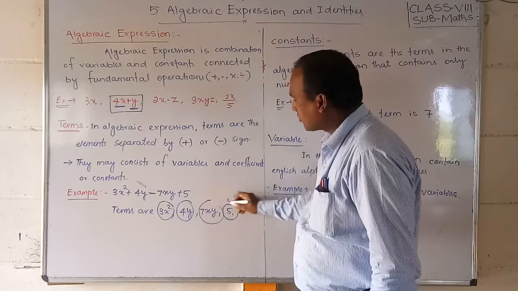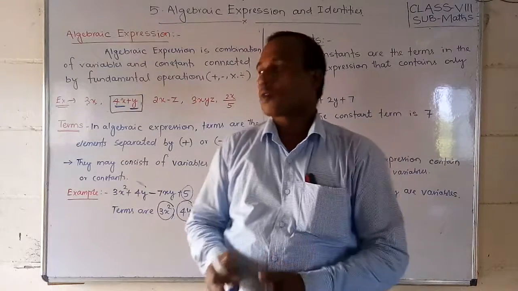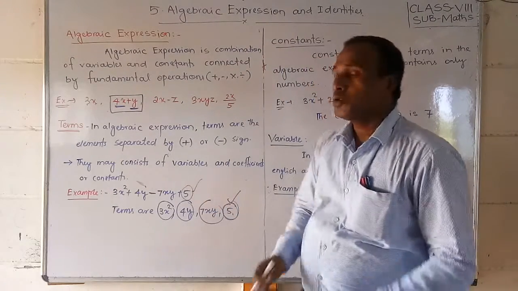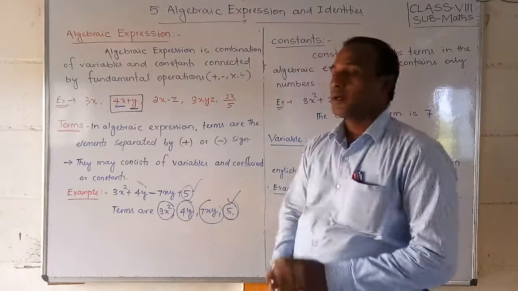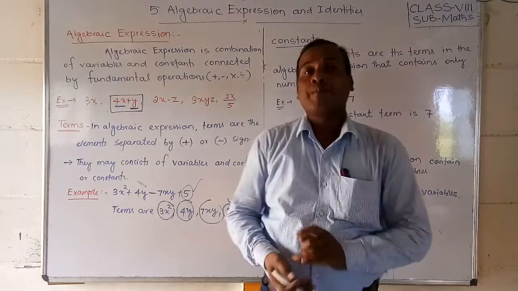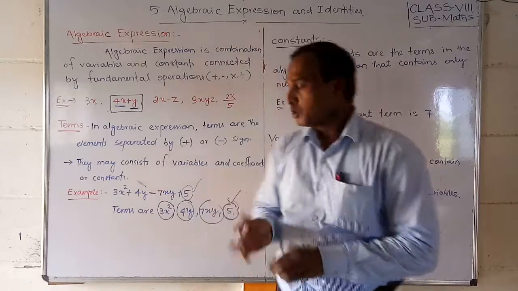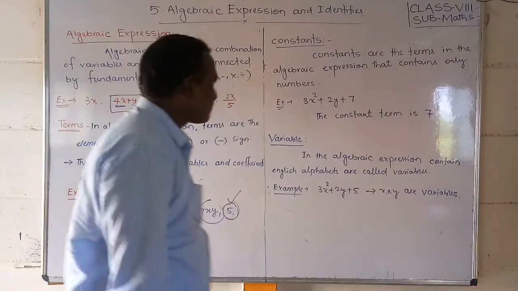So this is called the constant term, or constants. Did you understand, students? Here 4y is a term, but it is not a constant term. Only the number is called a constant term.